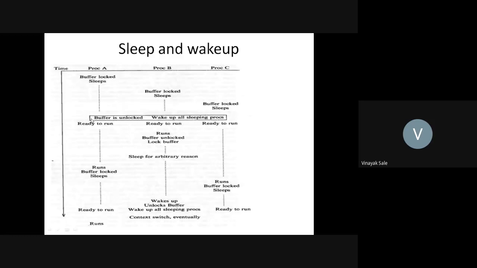So when the buffer is unlocked, wake up all sleeping processes. All are ready to run: process A, process B, process C. But the peripherals are allocated to process B. Process B starts its execution whenever the peripherals are allocated, so the buffer goes to lock.